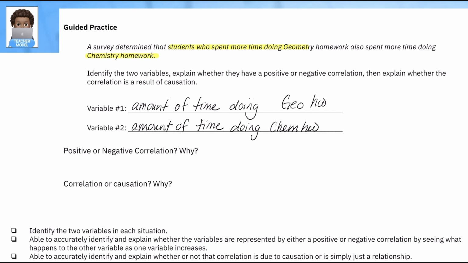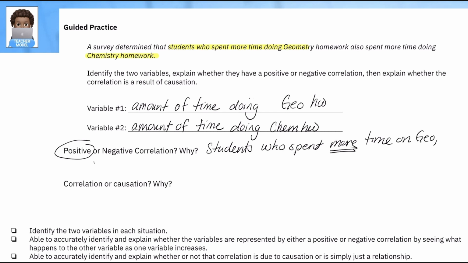So is it a positive or a negative correlation? They determined students who spent more time on Geo also spent more time on Chem.